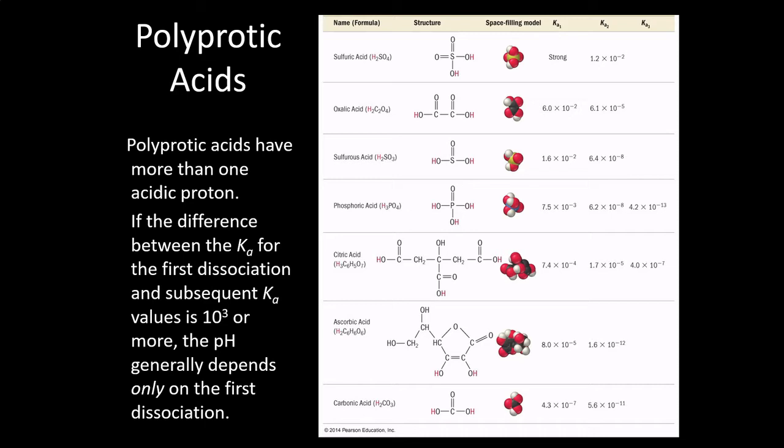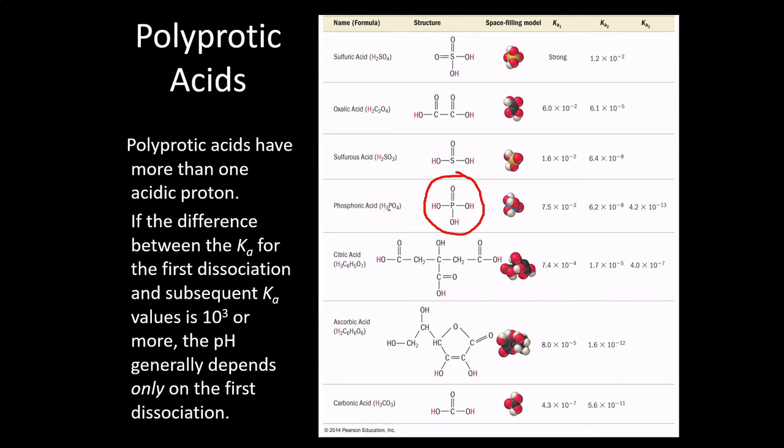Because when one of them is removed, all the rest of them have a harder time being removed. For phosphoric acid here, for example, all three of those hydrogens are equivalent. There's no difference between them. But when one of them leaves, what's left behind is negative.